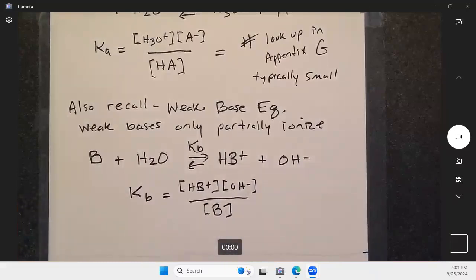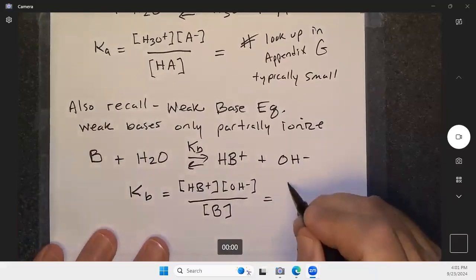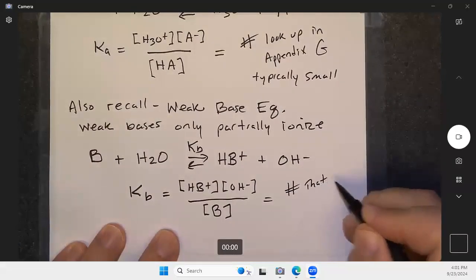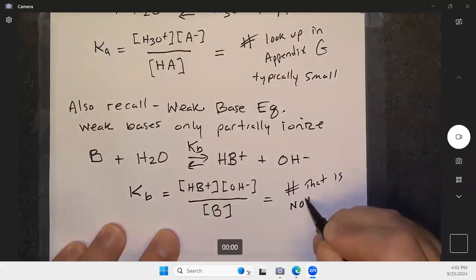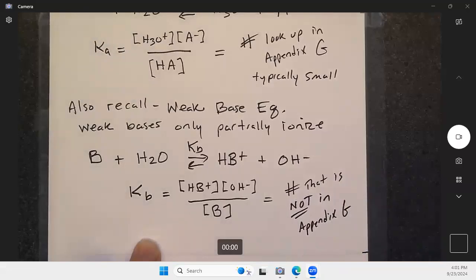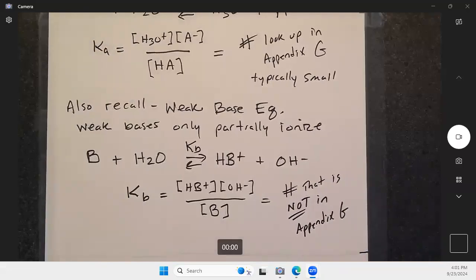And that is also equal to some number that is not in Appendix G. Remember, we talked about how Kas are often cataloged and put into tables and appendix in the back of the book or table within the text. You can look them up in the CRC handbook.